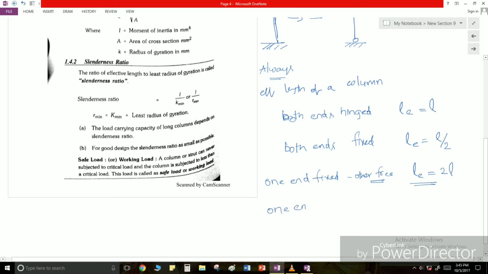So these are the effective lengths of different columns having different end supports. Very important in almost all examinations. Okay, clear?